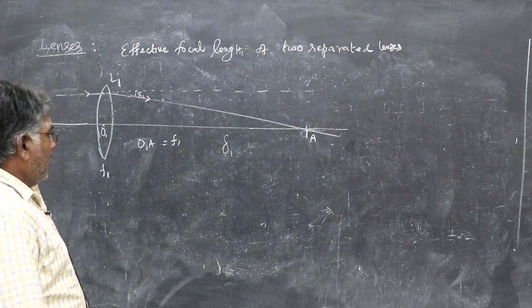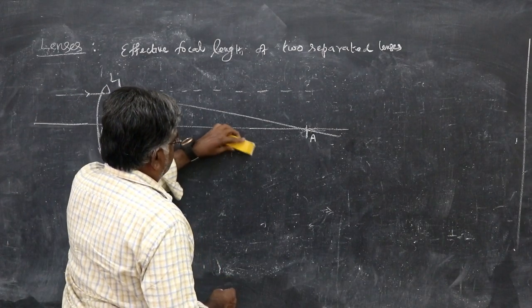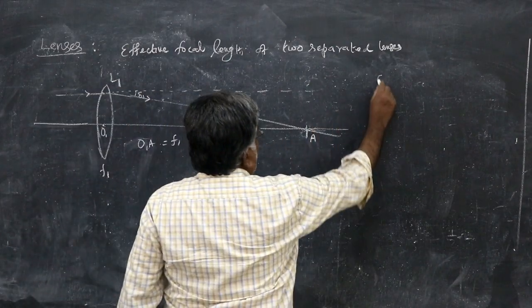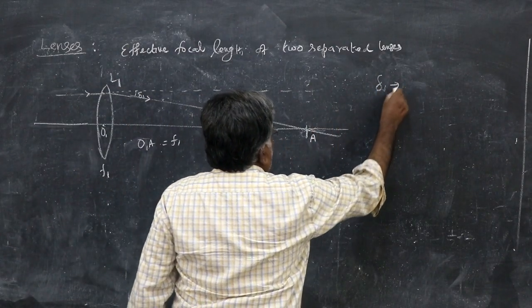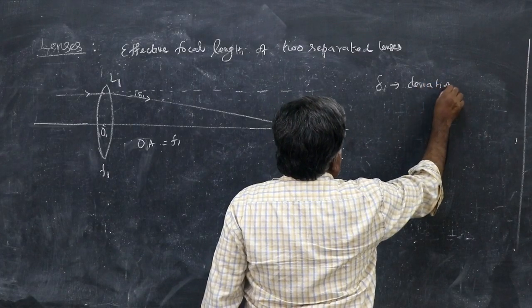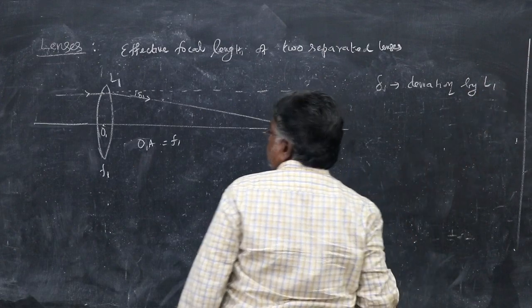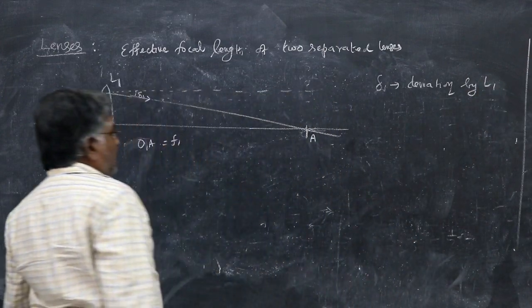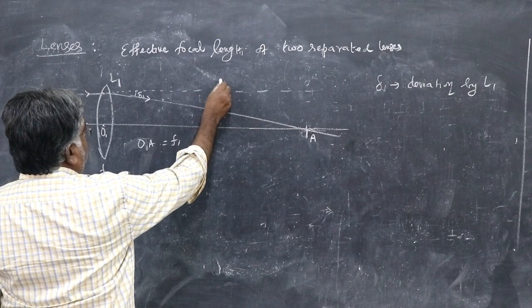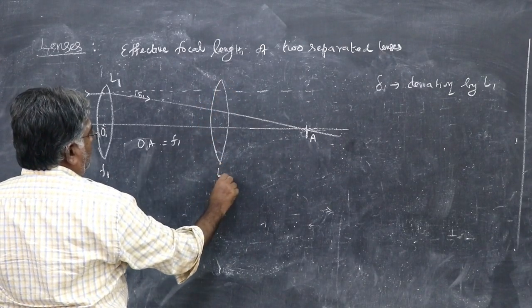Okay, and I write here delta 1: deviation by the first lens. Deviation means deviation angle or angle of deviation by lens L1. Now let's say you have another lens here, say L2.